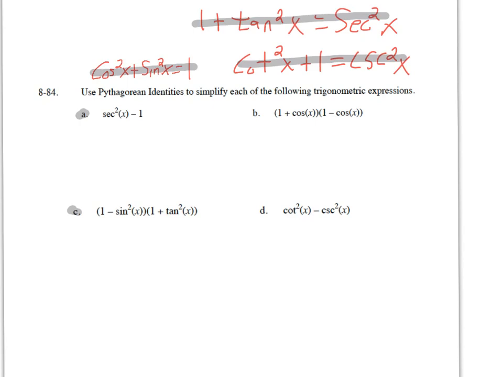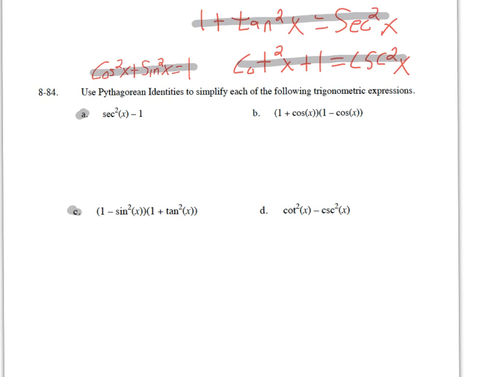Well, if I subtract 1 from both sides, I have secant squared x minus 1 equaling tangent squared x.